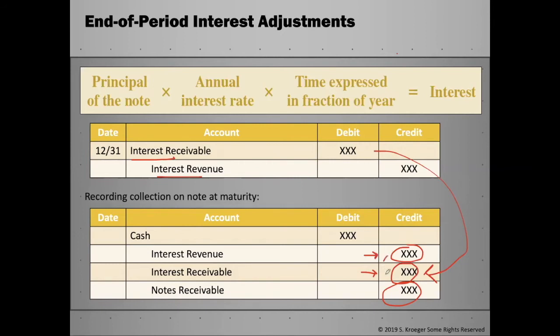When you add this together, it's the full amount of interest for the full time period. We take the full amount of interest plus the note amount. That's how much I'm receiving in cash. Remember, cash has to equal all of this added together. I know this is a little tricky, but just try to follow along the best you can.